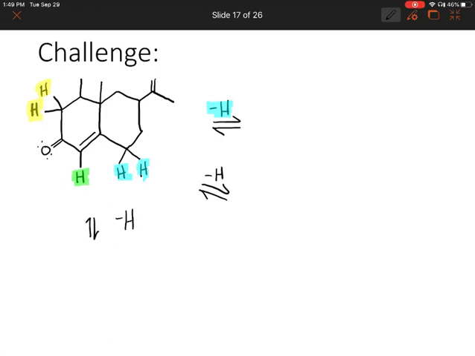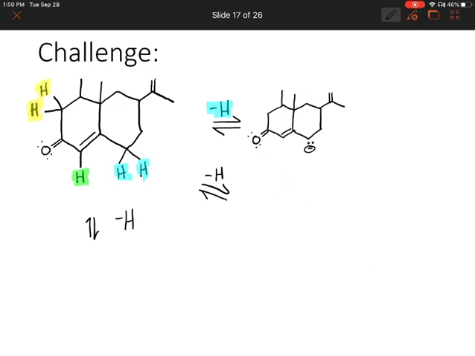Okay, so if we lose a blue hydrogen, let's see, I'm going to draw this a little smaller just in case there's resonance structures, because you never know. All right, so I think that's the full structure there. So if we lose a blue hydrogen, we're going to leave a lone pair on that carbon, and that will have a negative charge.